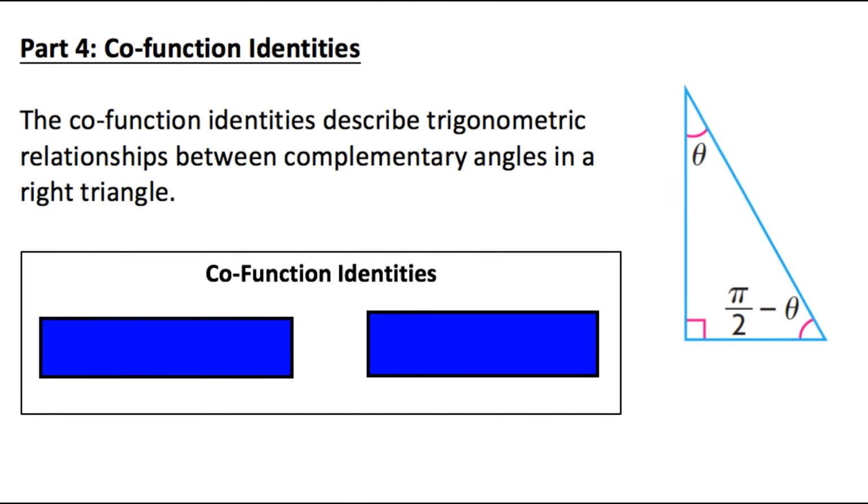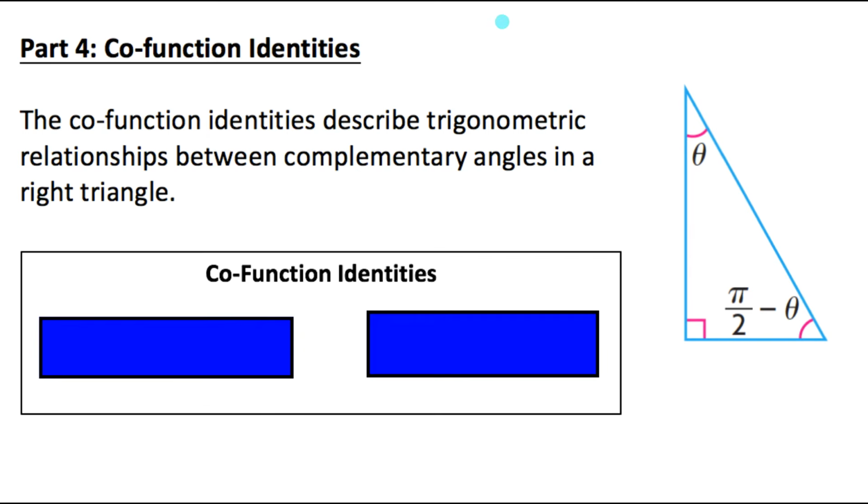Because the angles in a triangle have to add to 180, and we already have a right angle, the other two angles would have to be complementary, meaning they add to pi over 2 radians, or 90 degrees. So for example, if we were in degrees, and this was 20 degrees, this one down here would have to be 70 degrees. I can get it by doing 90 minus 20. So I think you get how that works.